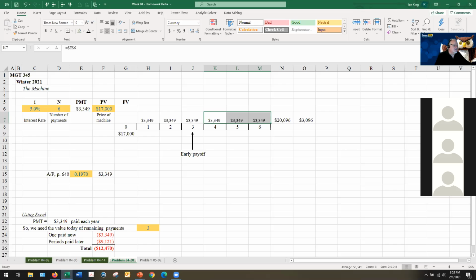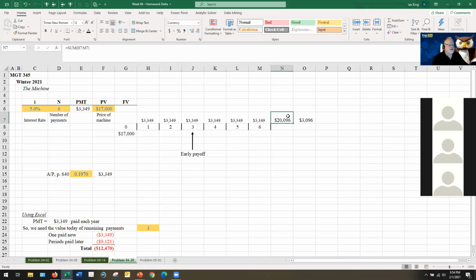Principal and interest, no. When you do a loan schedule, as they had an example of in chapter 4, no, you're not. Over time, the interest amount is diminishing. But it doesn't come into play in this problem because you're not paying the full $20,096 back that these add up to.